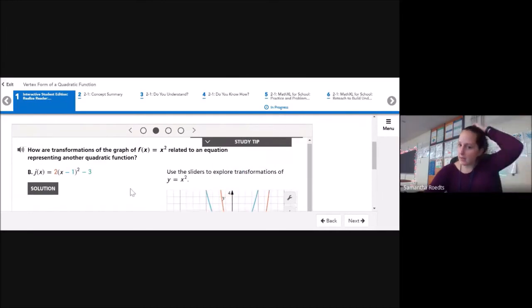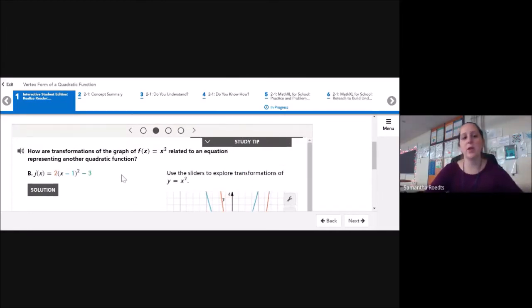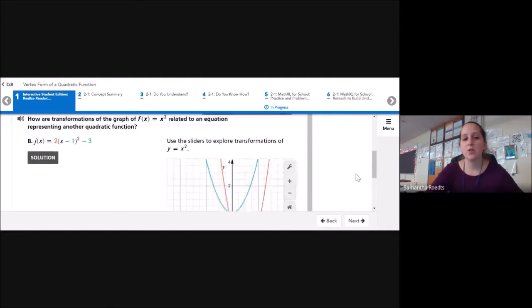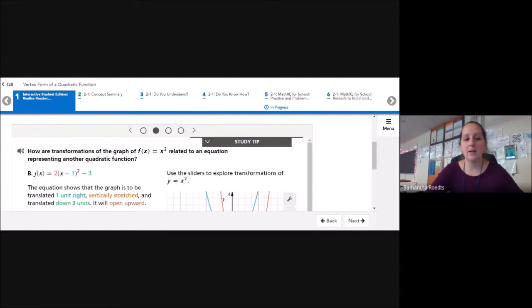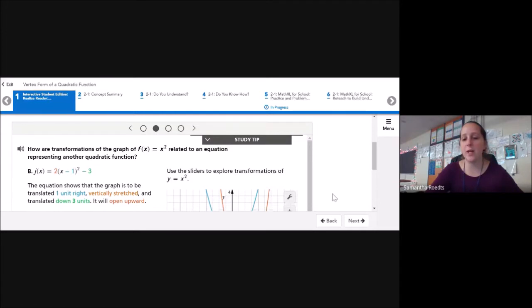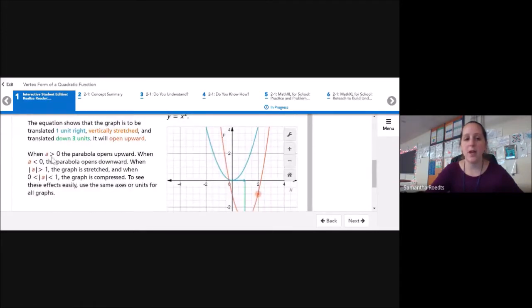So if you look at B, again, I'm going from x squared related to an equation representing another quadratic function, j of x equals 2 times the quantity x minus 1 squared minus 3. So again, I'm moving right 1 unit, I move down 3 units, and I'm vertically stretched, but I'm still opening upward.